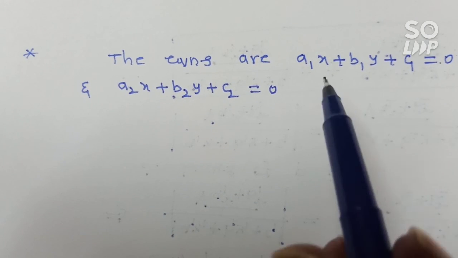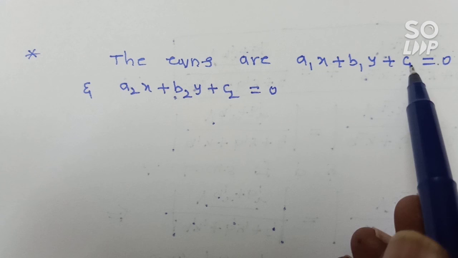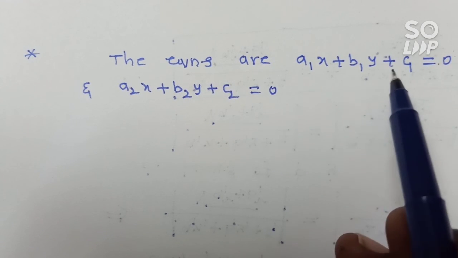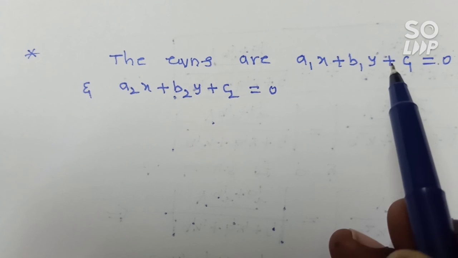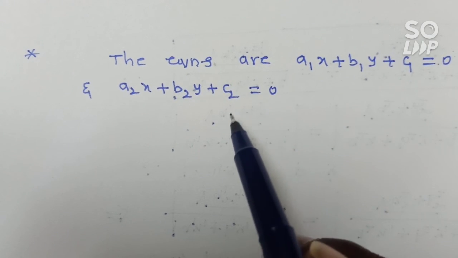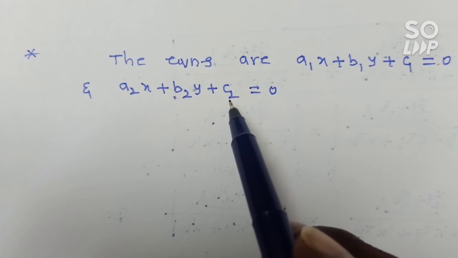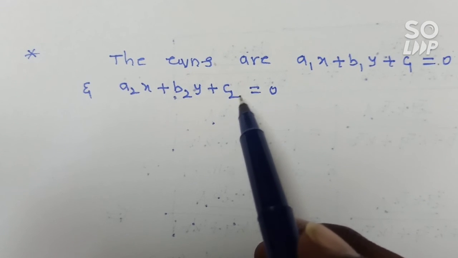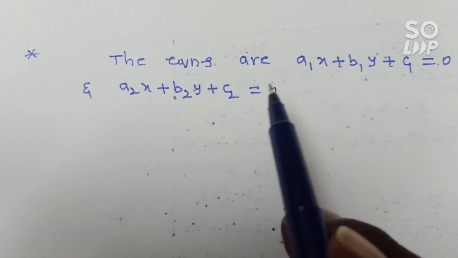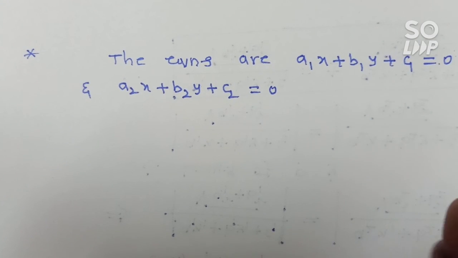After that, we should verify whether the constants in both equations are positive or negative. To find the angular bisectors, the shortcut method is that we have to check whether both are positive or not.